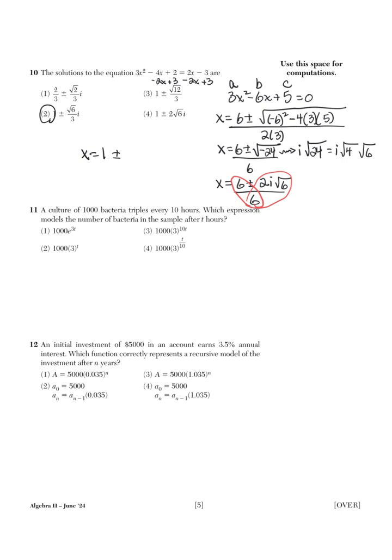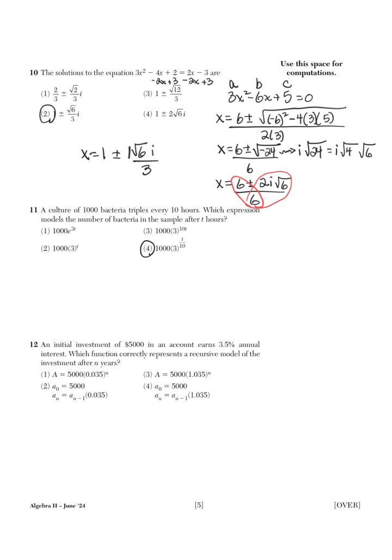And 2/6, if you reduce that, is 1/3. So that's radical 6 with the i over 3. Technically, the 1 is here, okay? And then you can see that this is your 1/3 that I would get right here. You don't have to write that, and obviously it's not written here. Number 11, the answer is choice 4.